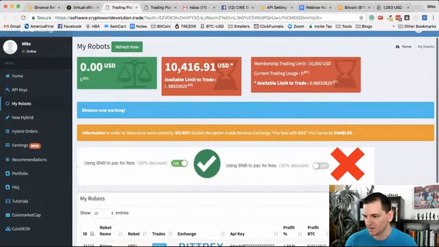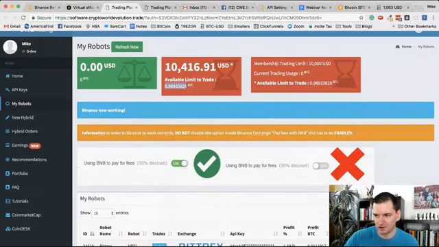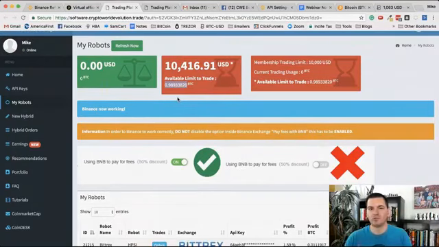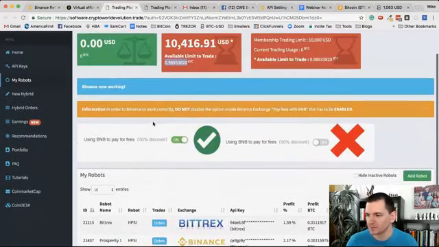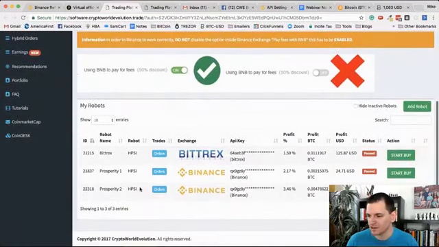So right here, it says I have available limit to trade. I'm going to just copy that whole thing because I know I have more than that in my Binance, because I just want one bot going full out. I don't want to do a bunch of 0.1 bots. That's pointless. 0.1 is kind of like the minimum, but I just want to do the whole trading account right now. So I'm just going to grab the available balance to trade.